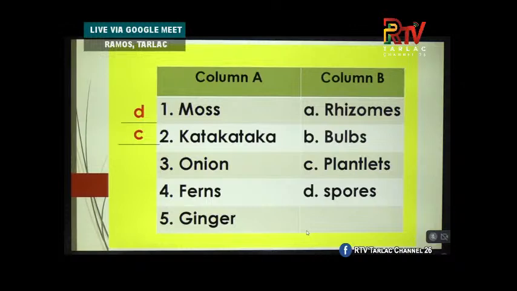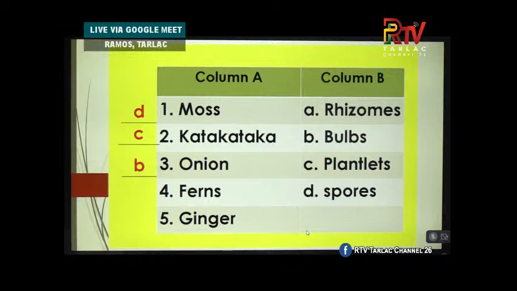Now, we will proceed to number 3. Onion. What is its asexual methods of reproduction? Great! Bulbs is the correct answer. Simply taking a bulb to the parent plant and transferring to a new location will enable you to grow new plants or new onion.